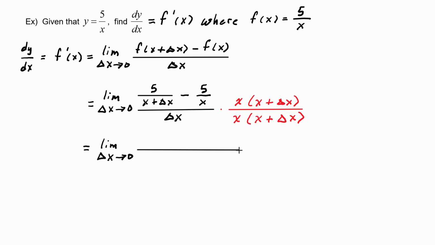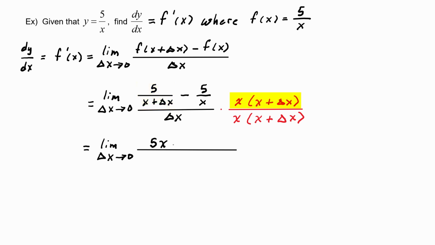We put the fraction bar in there. In the numerator, we have to distribute this x times x plus delta x to each of these two terms. When we take it times this first term, the x plus delta x will cancel with the x plus delta x, and we are left with 5x.